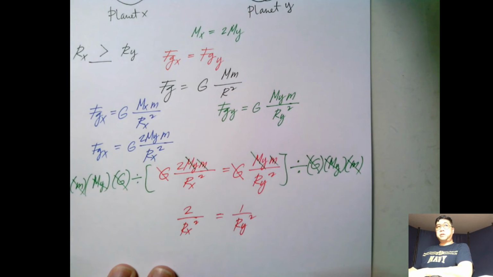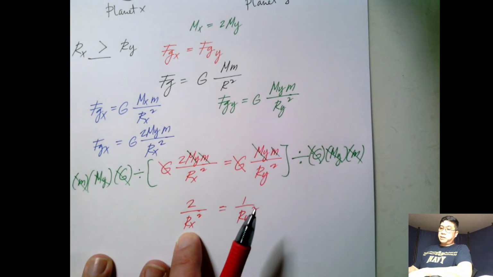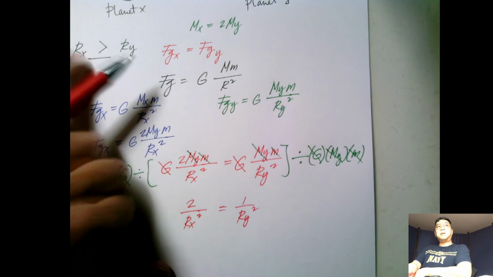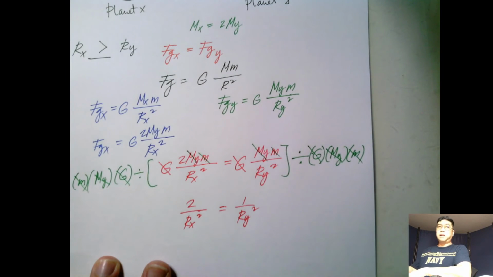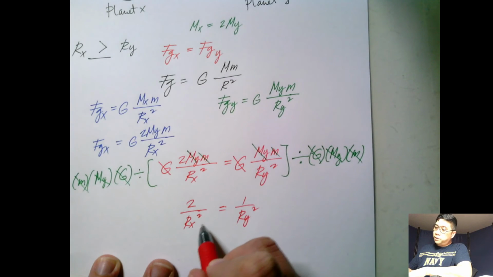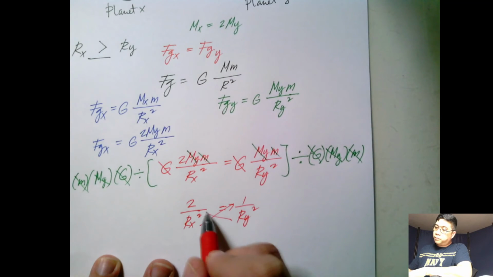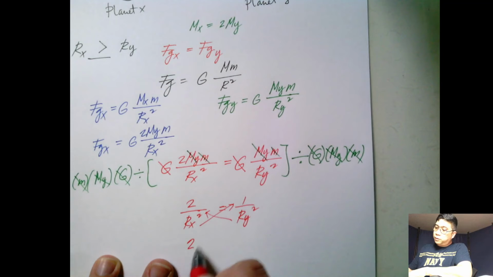Let's figure out the relationship between r sub x and r sub y, the distance of x. We said earlier that r sub x should be greater than r sub y. By looking at this value, yes, it is. So let's cross multiply both sides. We can say that 2 r sub y squared is equivalent to r sub x squared.